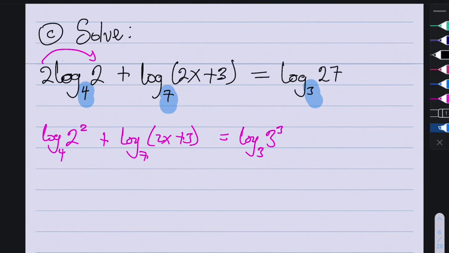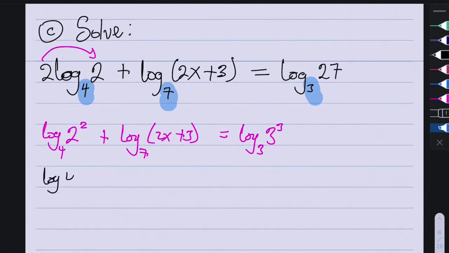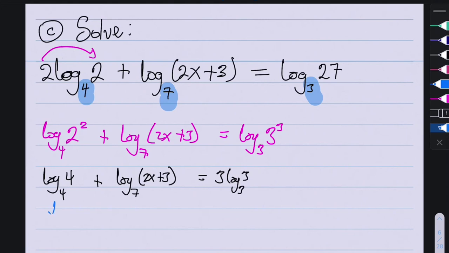Now, let's see what happens. This will give us log 4 base 4 plus log 2x plus 3 base 7. And this is going to give us 3 log 3 base 3. All right. So this particular one will give us 1, because log 4 base 4 is 1.